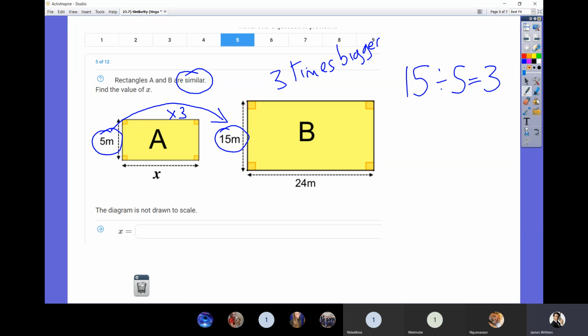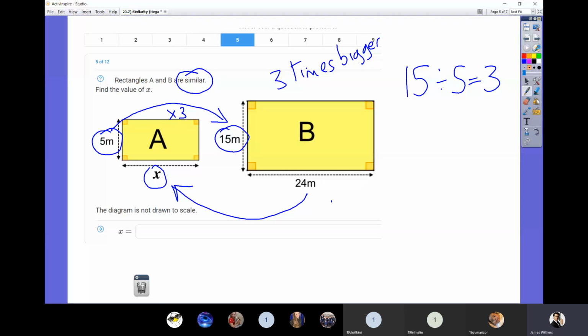So we're being asked to work out X. So we're going in this direction. Now, clearly, if all the lengths in B are 3 times bigger, then the lengths in A are all 3 times smaller. So how are we going to work out this shorter length X?